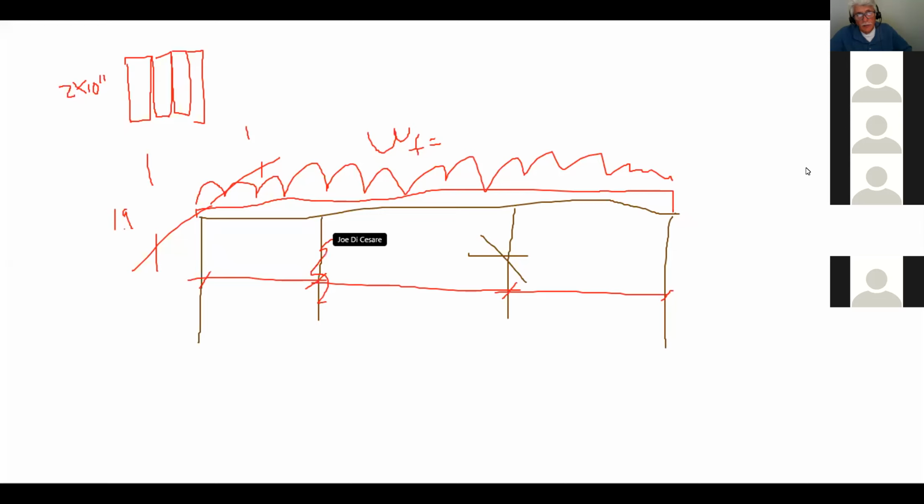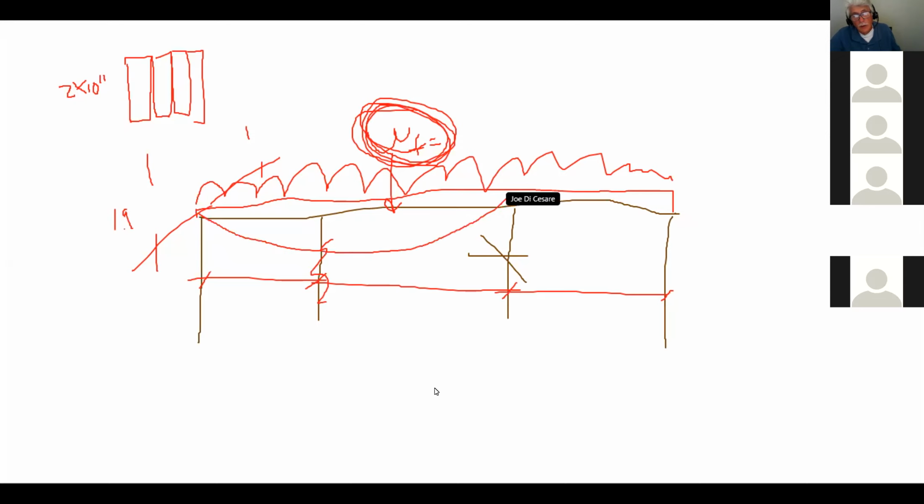So what you're going to have to do is, if you can calculate your loads correctly and get this accurately here, then you can calculate what your MF value is in here. And then of course, you're going to see that that MF value is going to be greater than the MR value for that beam. You're no good, okay?